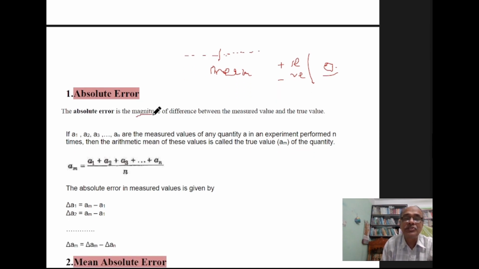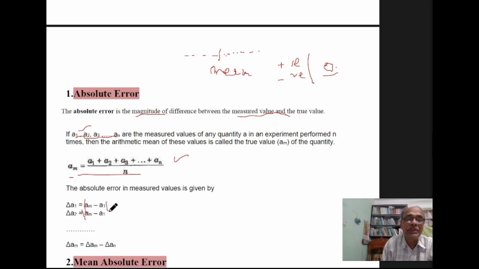Absolute error is the magnitude of the difference between the measured value and the true value. Now how do we get the true value? You take the measurement n times, take the average, and this will be the true value or mean value. Taking the absolute difference between this mean value and the measured value gives the absolute error.